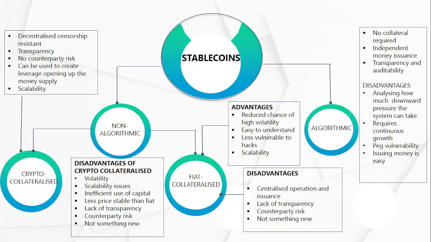It requires continuous growth, and there's vulnerability in the peg. I'm not exactly strong on the technical aspects on that front, but on the DeFi Academy channel, if you have any questions on that aspect, we can help you. But that's pretty much what I want to cover.